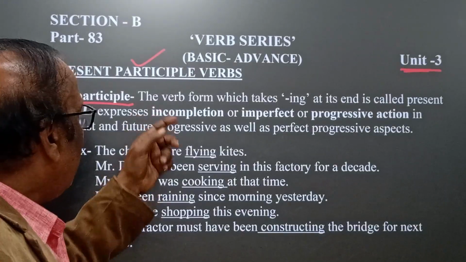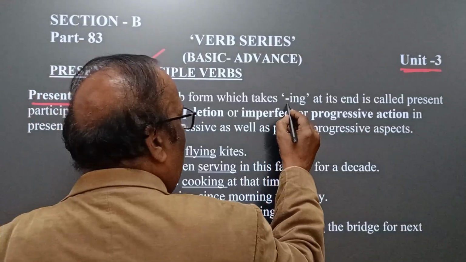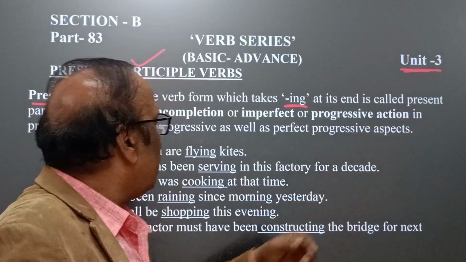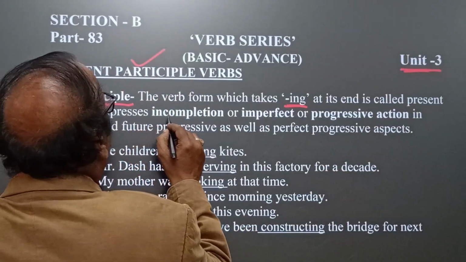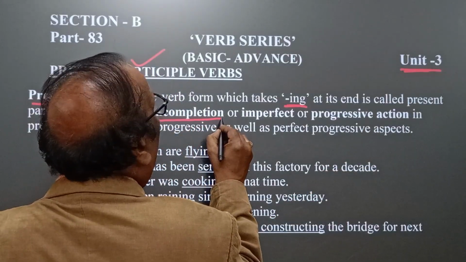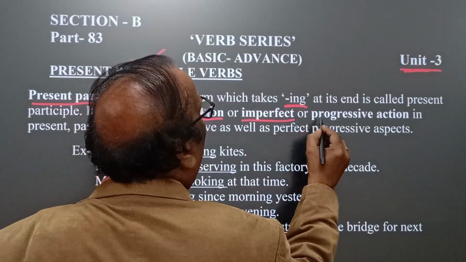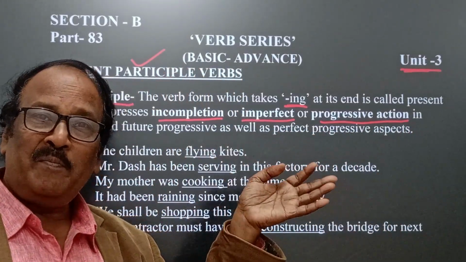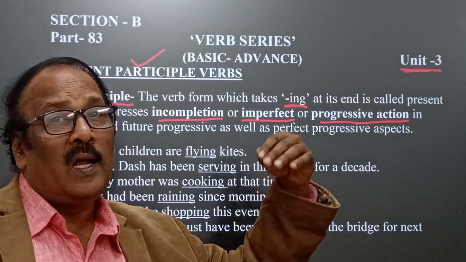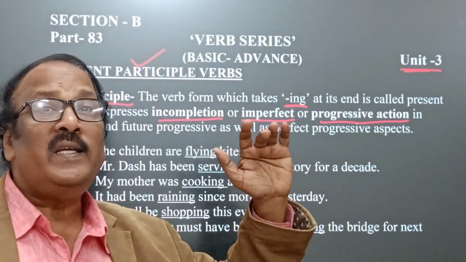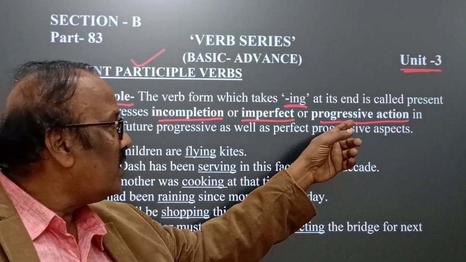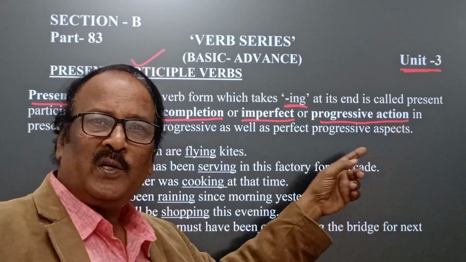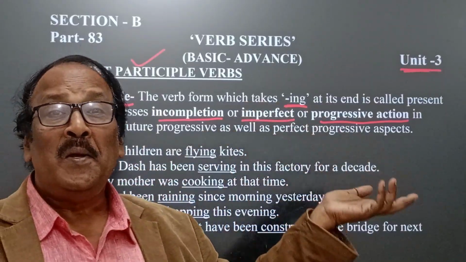Present participle: the verb form which takes ing as suffix at the end is called present participle. It expresses incompletion or imperfect or progressive action. It means the nature of present participle is to describe any action which is incomplete, imperfect, and side by side in progress, either in present or in past or in future.